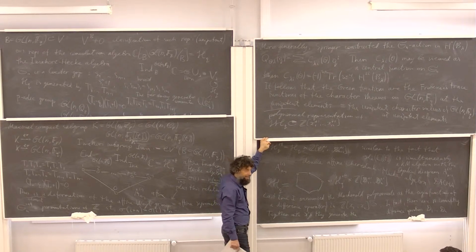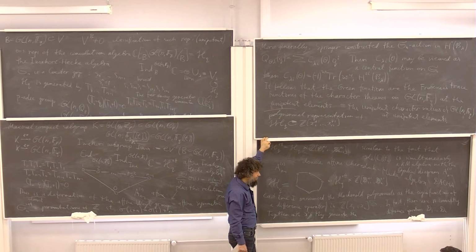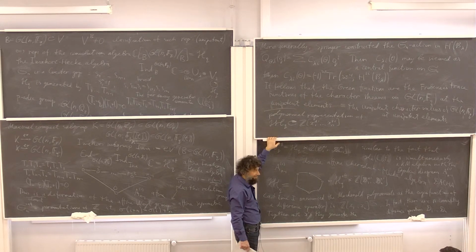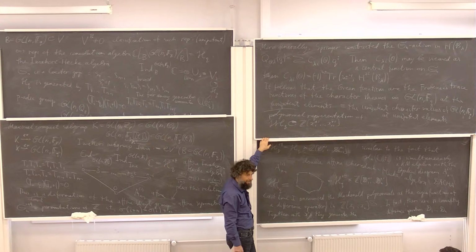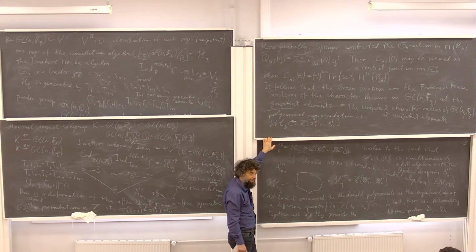And then it can be quantized or deformed, so it depends not on one variable, but on three variables. And there are many generalizations of this, and they all come from Cherednik's double affine Hecke algebra. At least there is a way to produce them from it.